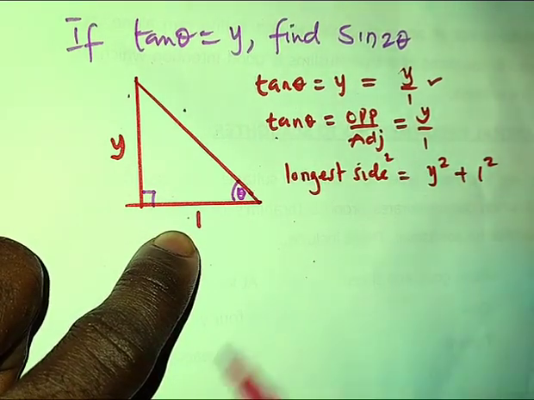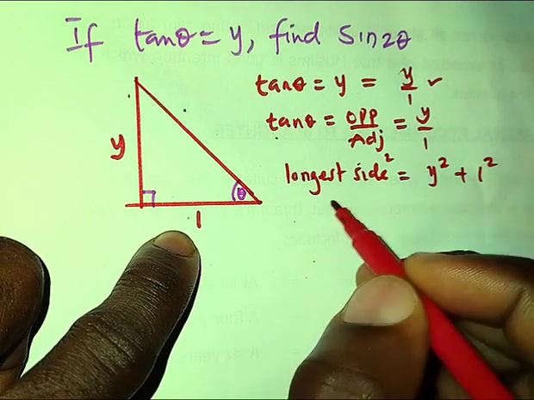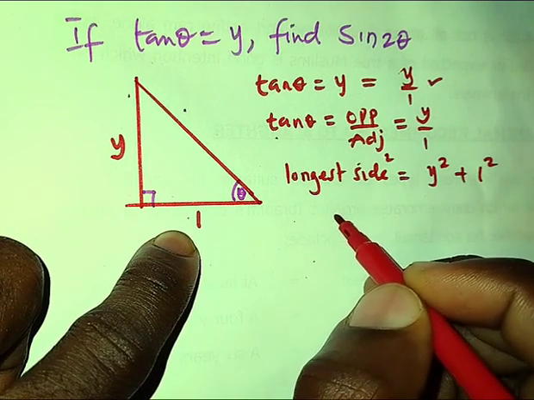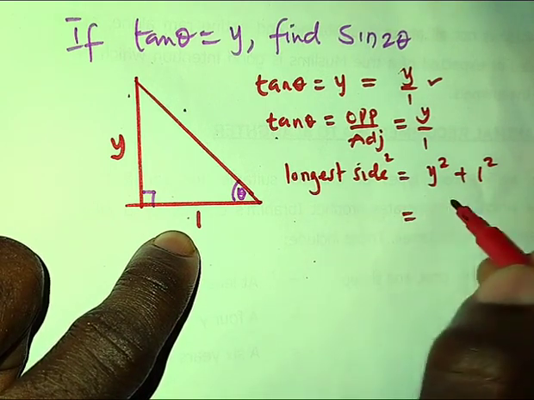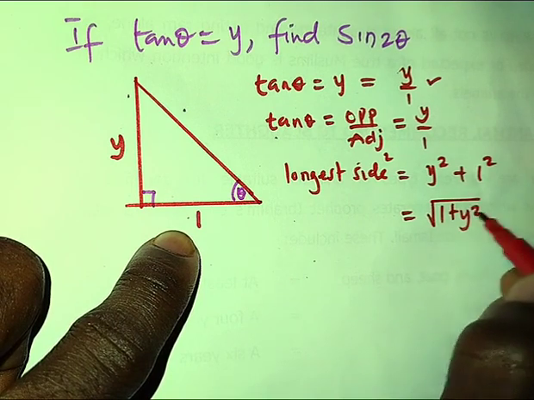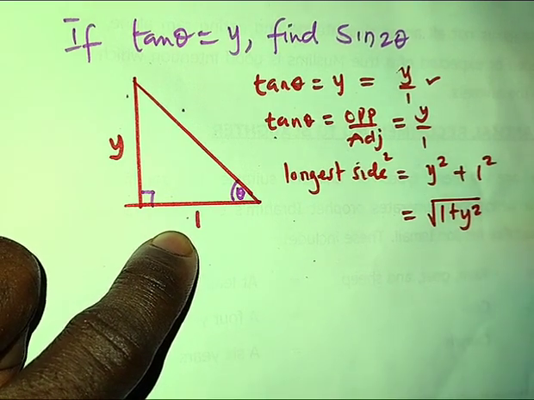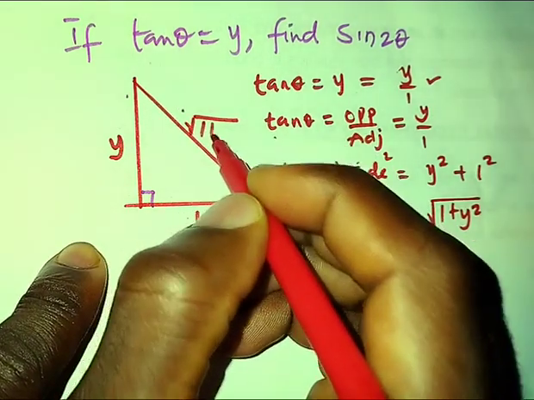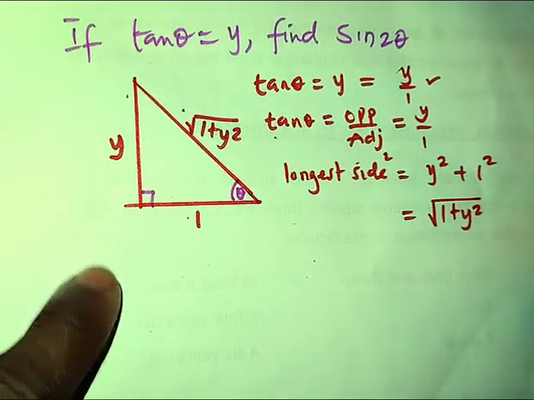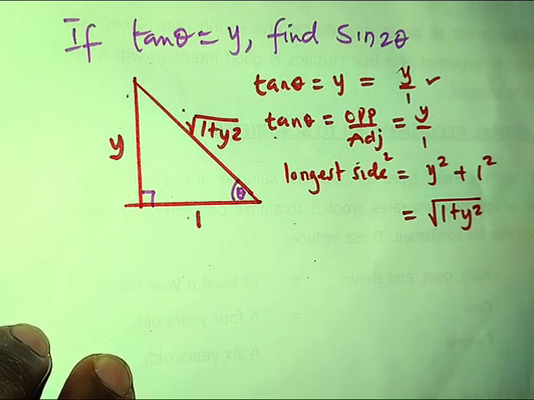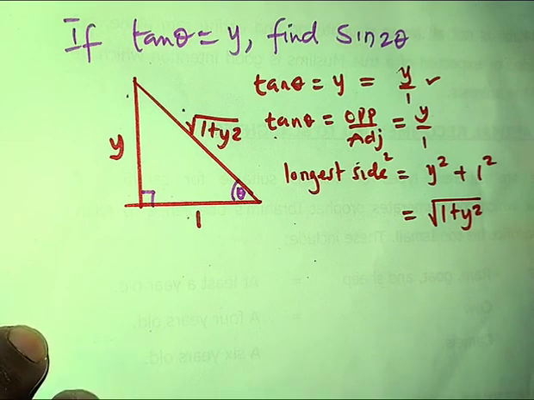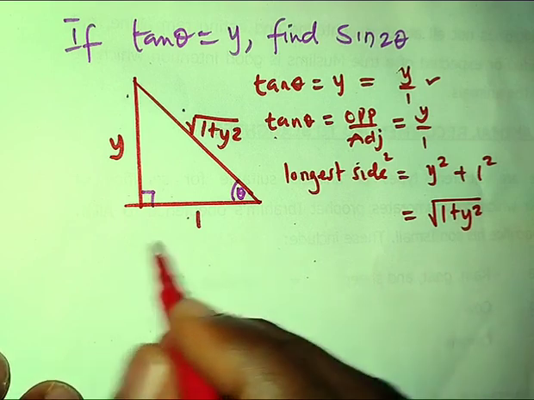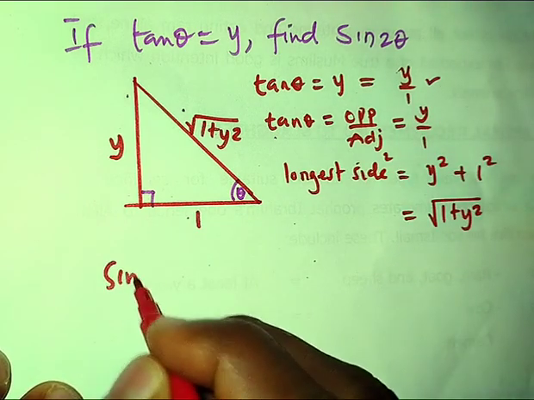So to get the longest side, we are going to have the square root of 1 plus y squared. Therefore we have this place to be square root of 1 plus y squared. Understood?